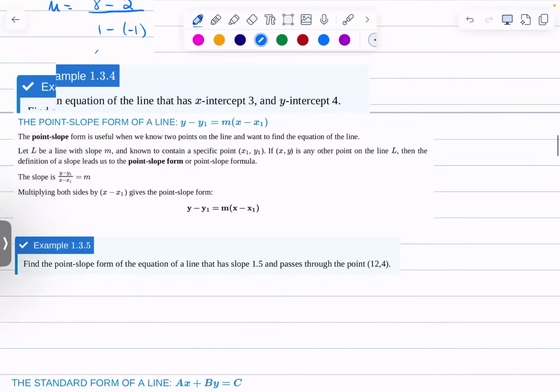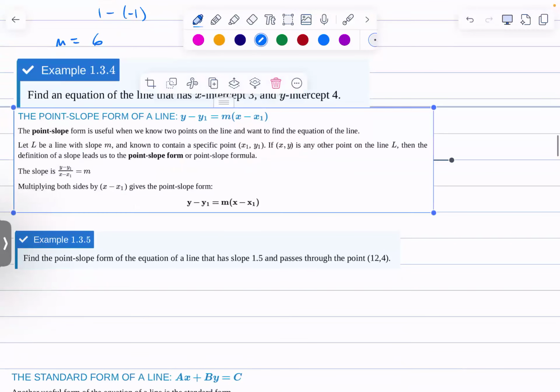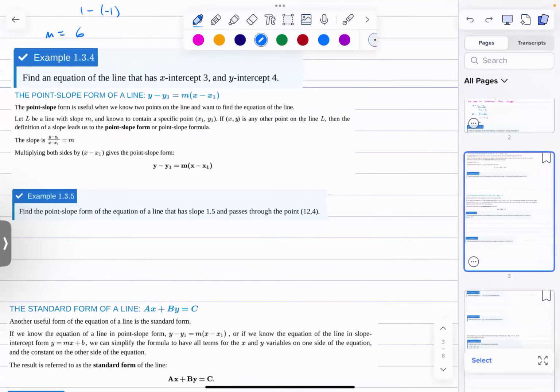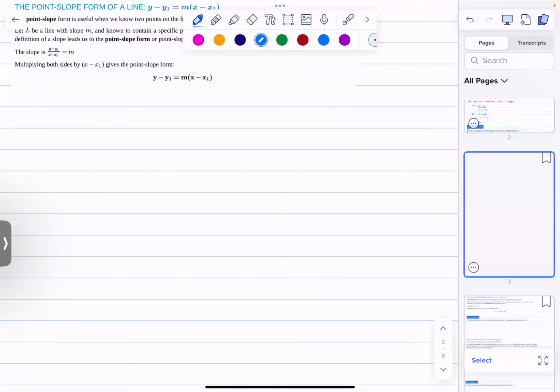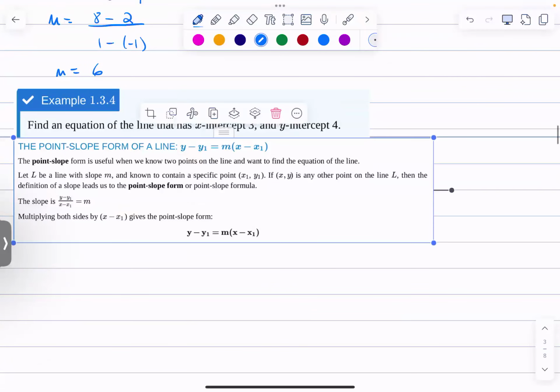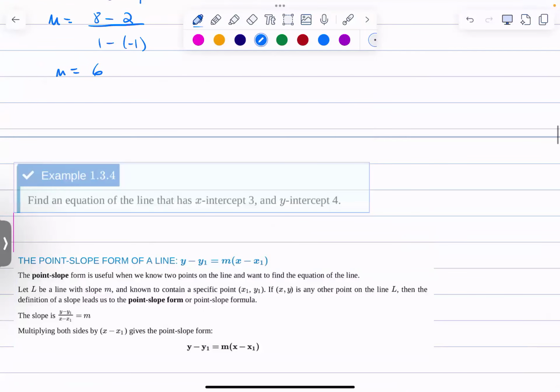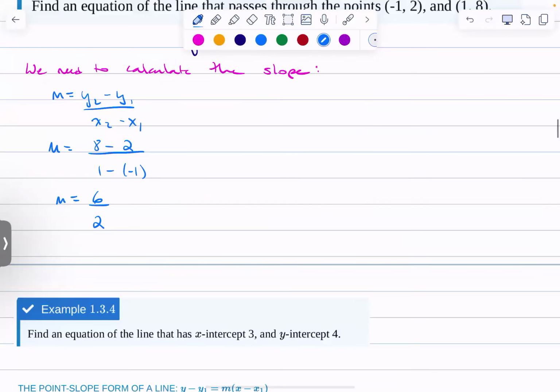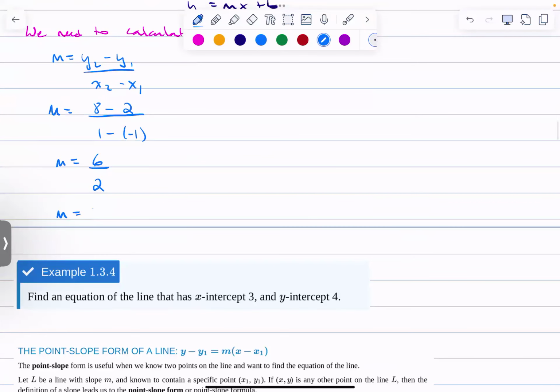I'll just add a page. 6 divided by 2. I get a slope of 3.